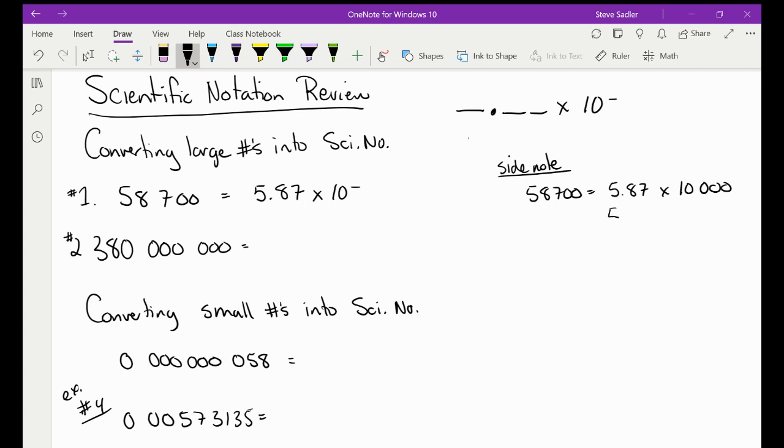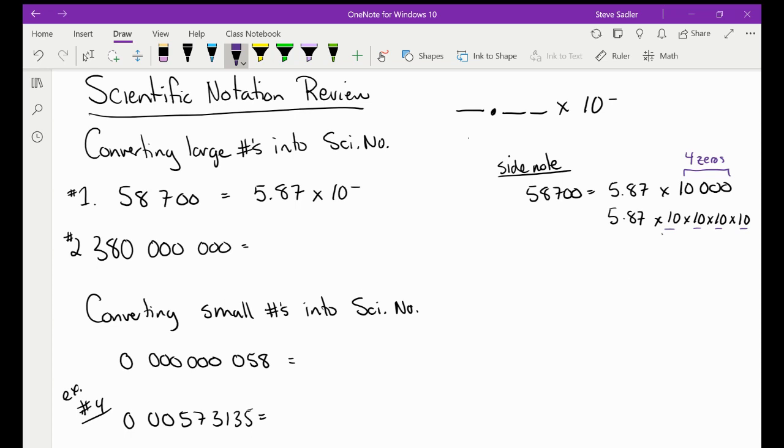We can go one step further and say 5.87 times, well, to get 10,000, we can say 10 times 10 times 10 times 10. So normally when we write powers of 10, we can say there are 4 zeros. So we're going to multiply 10 4 times. That's what happens with any power of 10.